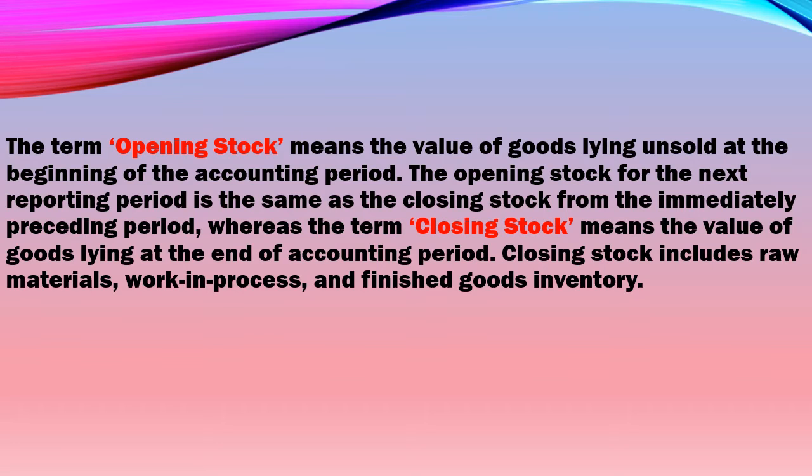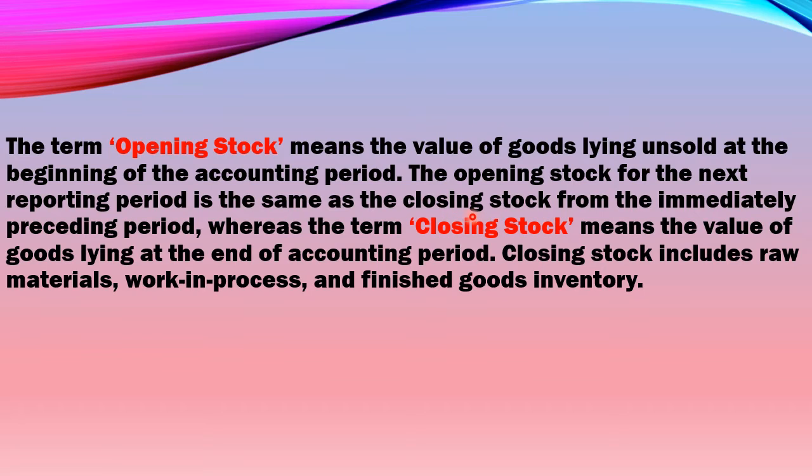So here you can see that the opening stock is the goods that are lying unsold at the beginning of the accounting period. Like we have 2021. So at the beginning of the year, the goods that are lying unsold is the opening stock. Now the opening stock of the next year is the same as the closing stock. So if 2021 is opening, then closing will be 2020.